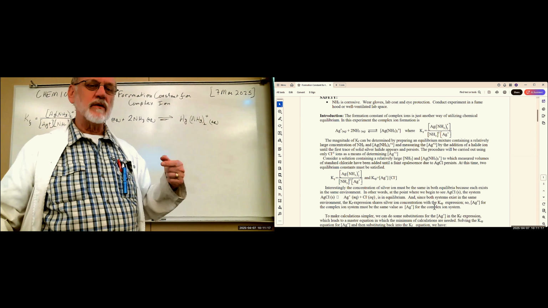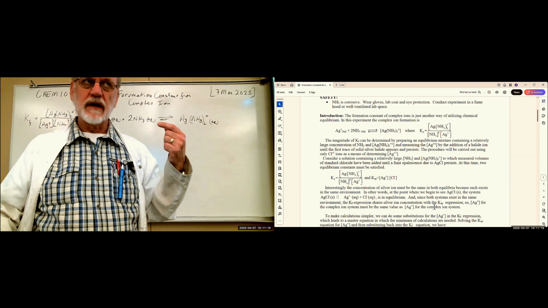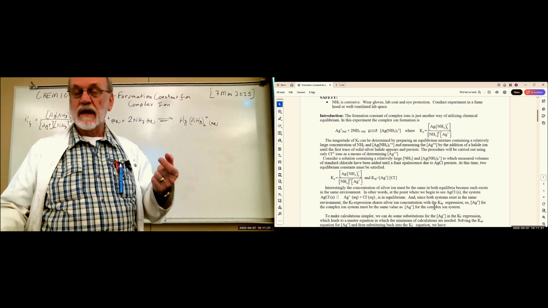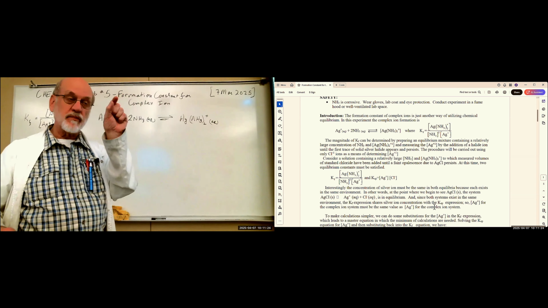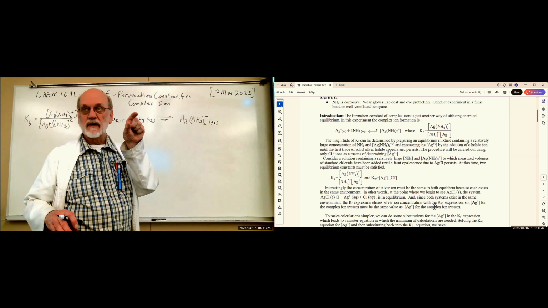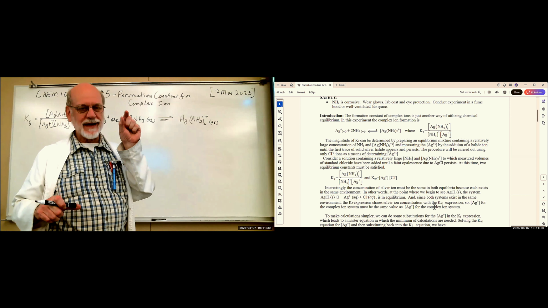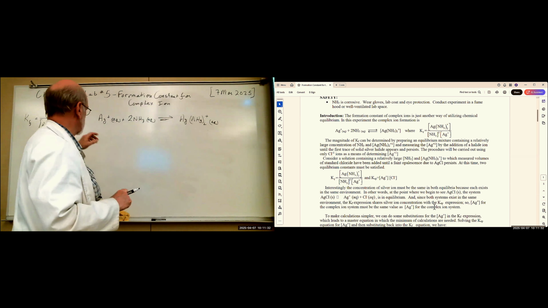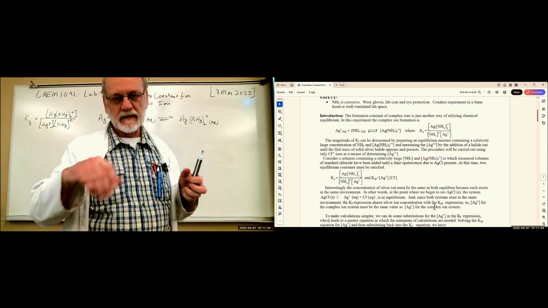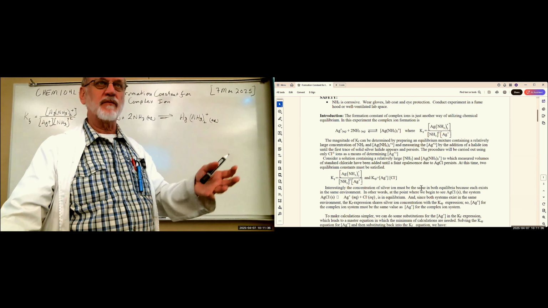And then we titrate it with chloride ions. And the point at which we get the precipitate formed gives us a handle on the silver ion concentration. That's where the complex math comes in.